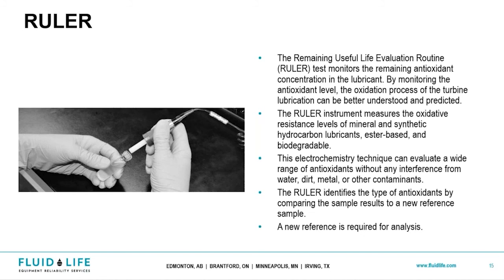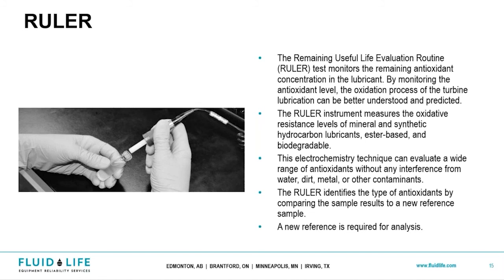But a great way of seeing that is looking at your lubricant degradation and formation of varnish, and the things that turbine systems are subject to, which is the effects of oxidation, and you're looking at viscosity increases, acid formation, all those things, right?